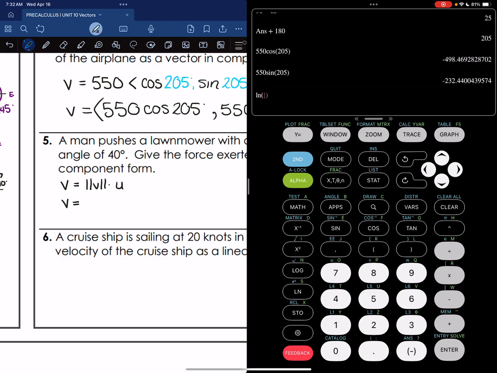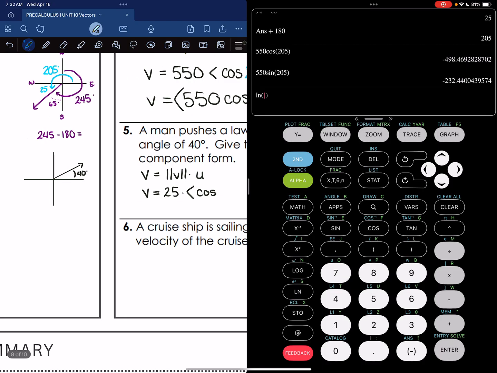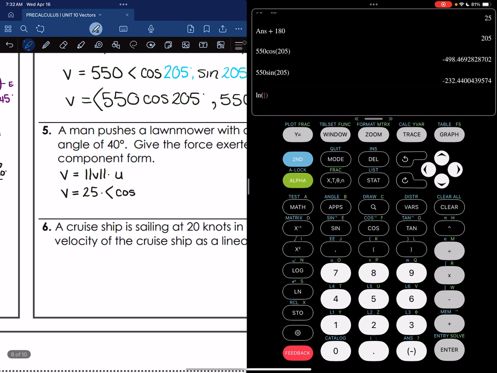It's going to be the magnitude, which is 25, being multiplied with cosine of our angle, which is going to be 40 degrees, because we're thinking about it like we would our unit circle. How many degrees have we rotated? And sine 40 degrees.